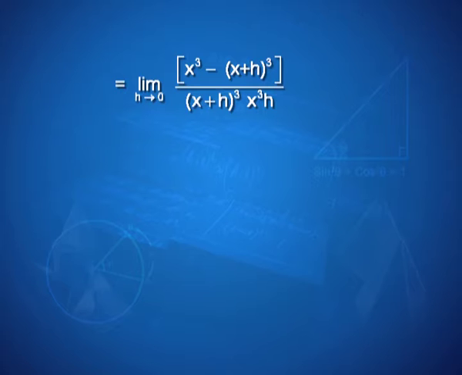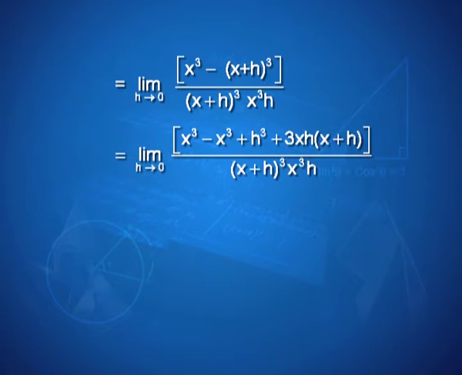Now, by expanding the cube, we have limit x cube minus x cube plus h cube plus 3 x h into x plus h upon x plus h whole cube into x cube into h as h tends to 0.